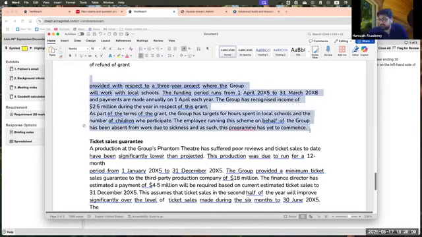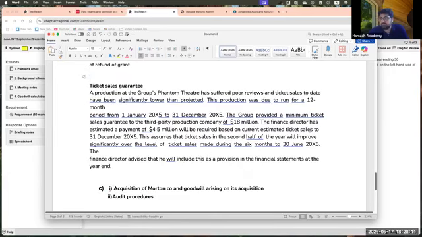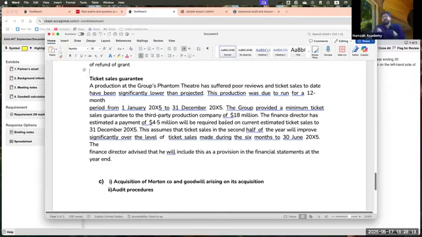Next. Ticket sales guarantee. They have given a guarantee that 18 million will be the revenue from the tickets. So 4.5 million they have to pay based on estimated ticket sales this year.